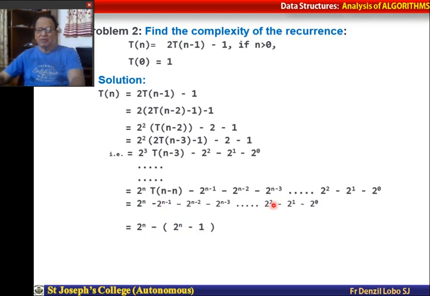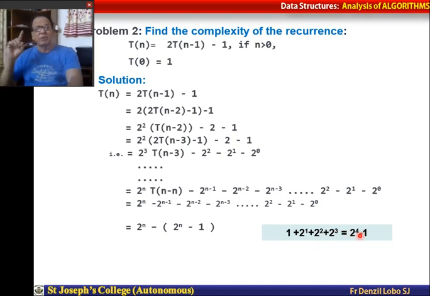The summation of this is just 2 to the power n minus 1. We have done that when we did the algorithms. So as you see, 1 plus 2 plus 2 to the power 2, etc., is equal to 2 to the power h plus 1 minus 1. You remember when we did the tree, h plus 1 minus 1. So that is the formula we are using here.